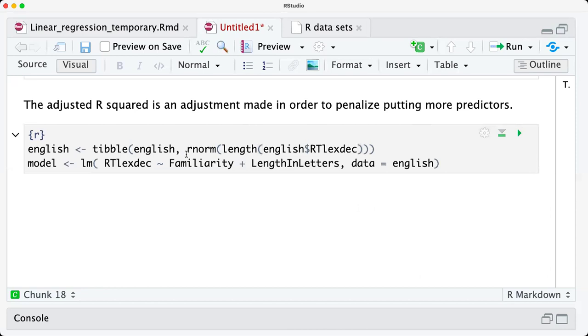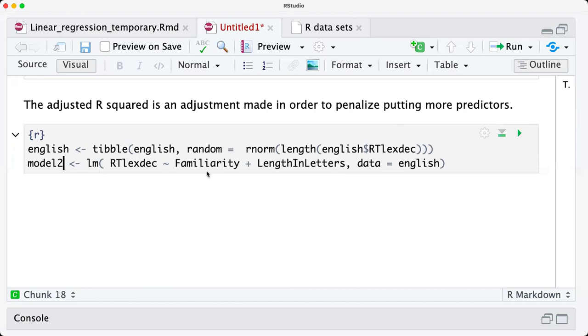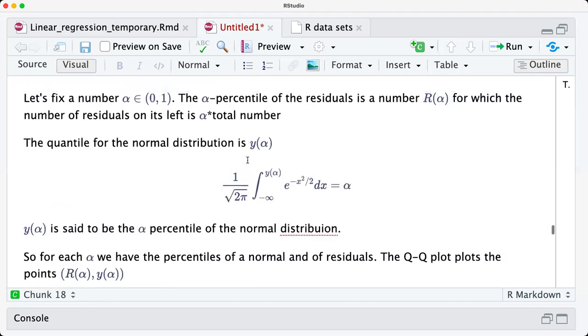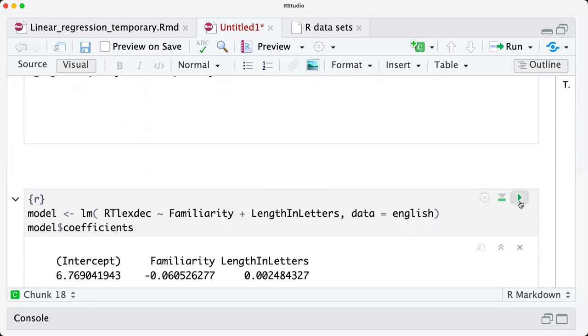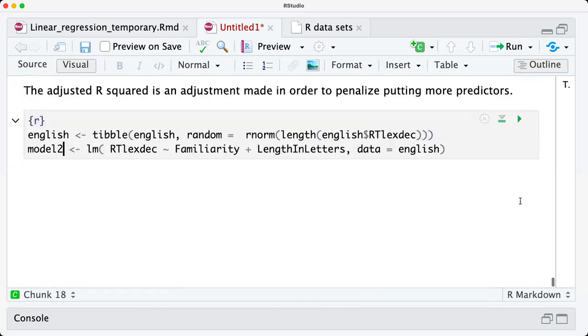Let's call this column random. So now I try to predict this lexical decision using also random, which will not help me for sure.